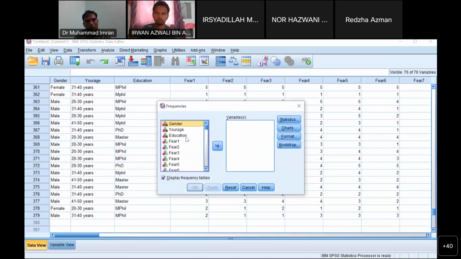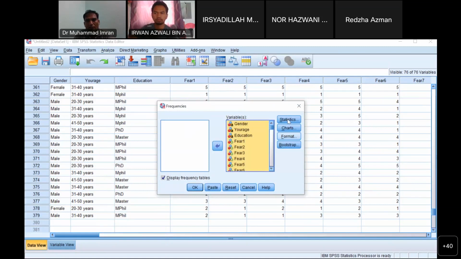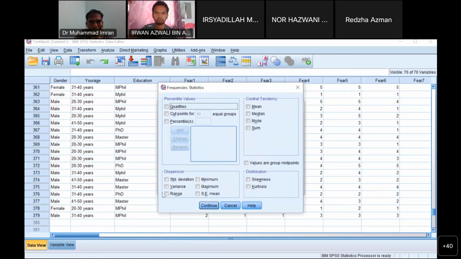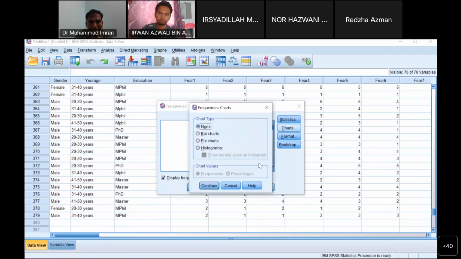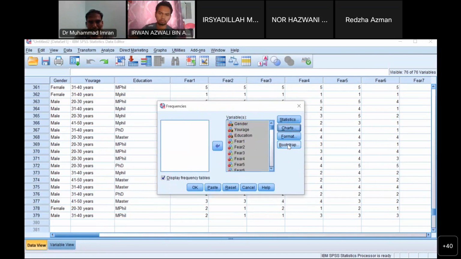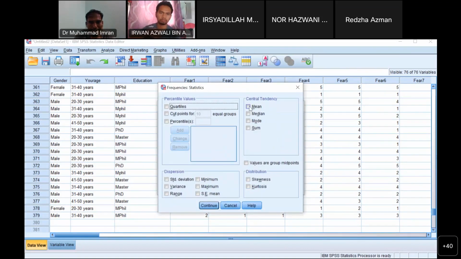Import all into the variable side, statistics, pie chart, different things. Cut point, percentile. Okay, just mean first.